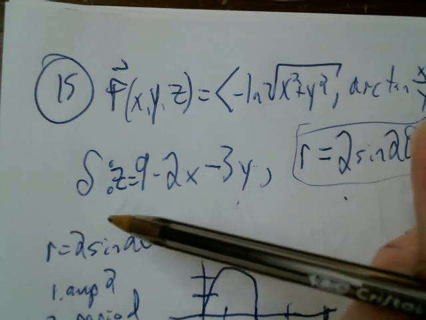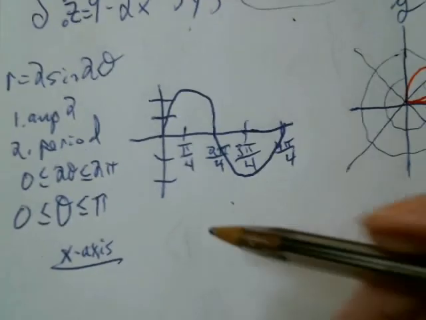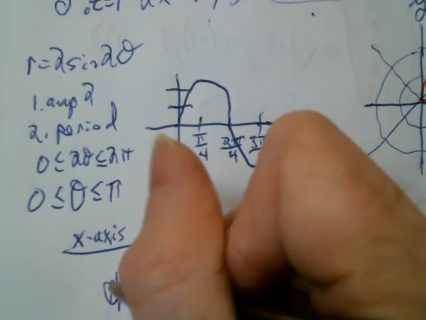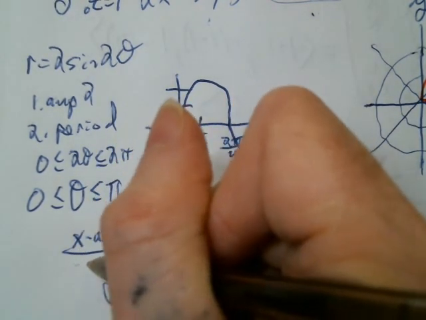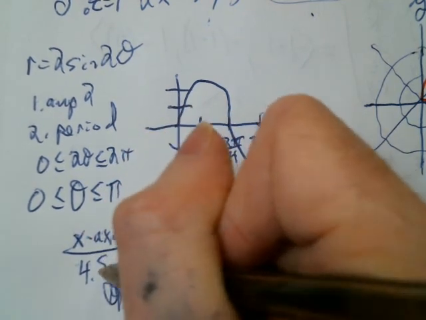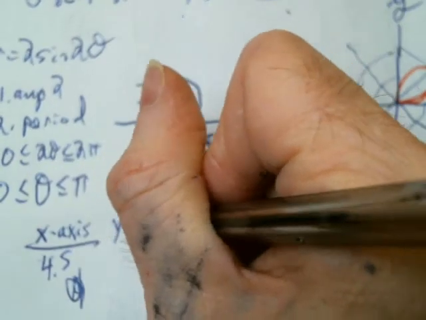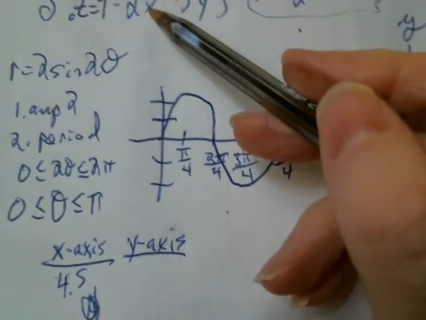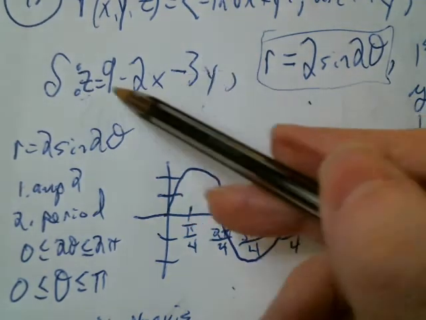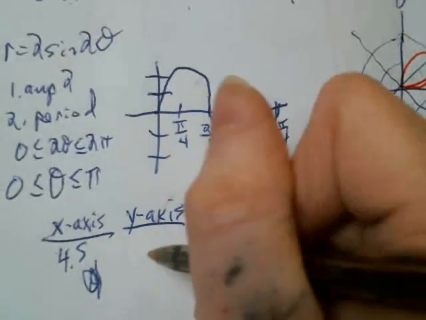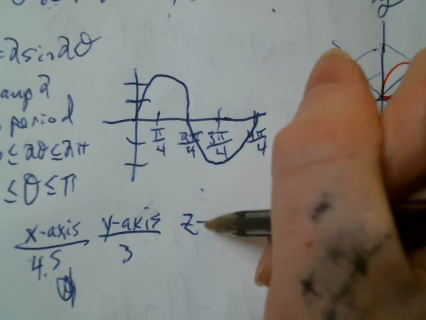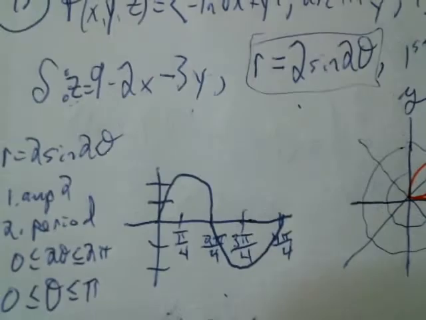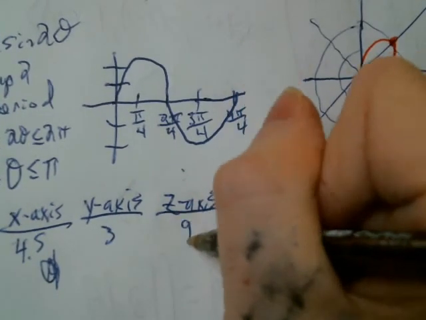Then add 2x over and divide by 2, so x equals 9 halves. In other words, you're going to be at 4.5 on the x-axis. On the y-axis, letting x and z equal 0, you'll get 3y equals 9, and then divide by 3, so you just get 3. And on the z-axis, letting x and y equal 0, you get z is 9.